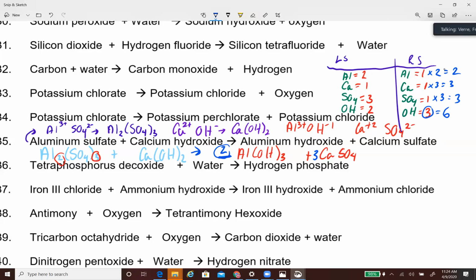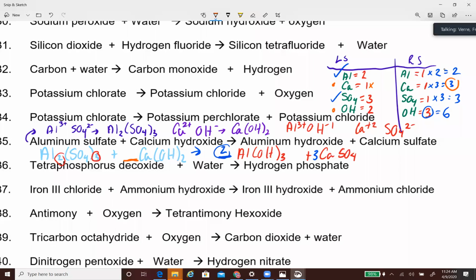Okay. So I can see that aluminum is balanced and sulfate is balanced. I just need to balance the last 2 things, right? I need to balance the calcium and the hydroxide. Well, all I have to do now is put a number in front of calcium hydroxide to balance it out. So there's 3 calcium on the right.